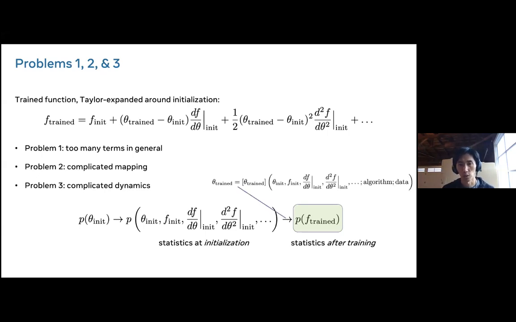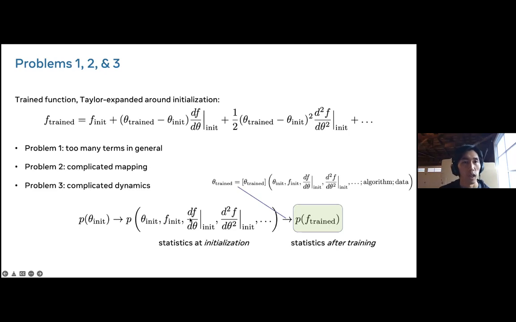More specifically, you need f trained as a function of the set of initialization objects, like f init, and so on. And as I alluded to in answer to one question, it should also depend on the algorithm you use and the data you use. So this is what you need to solve to get from the second to the last.